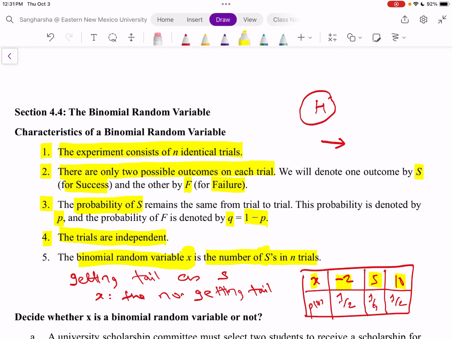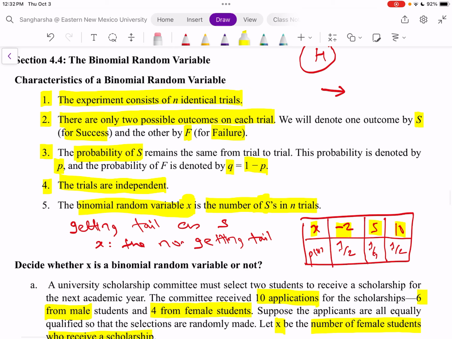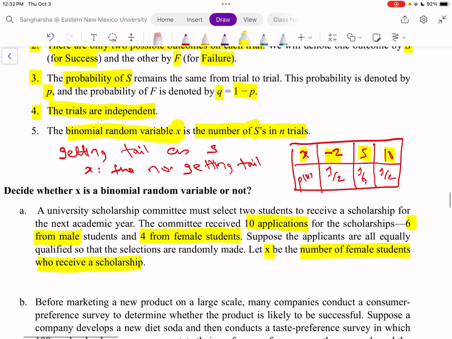Now let's go to number 2. So now there are two possible outcomes. Our success is getting female, okay? So let's define our S to be success, getting female.